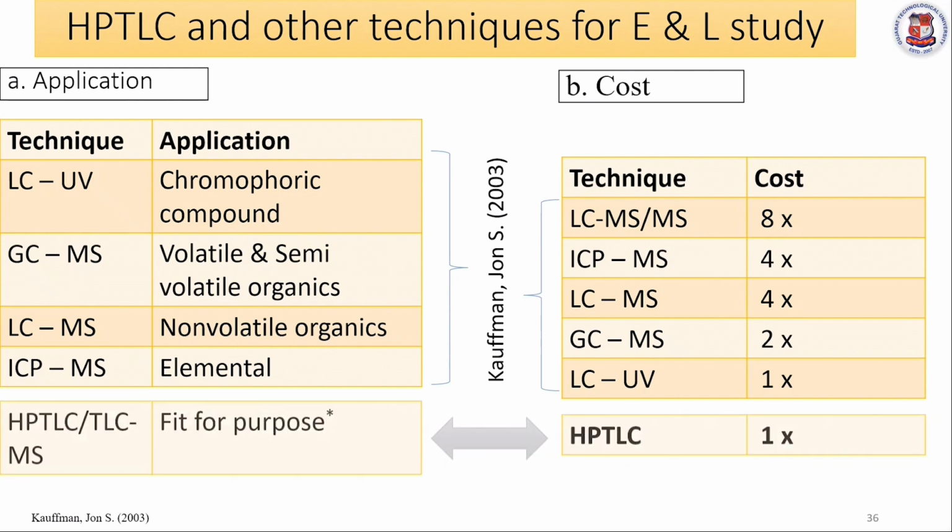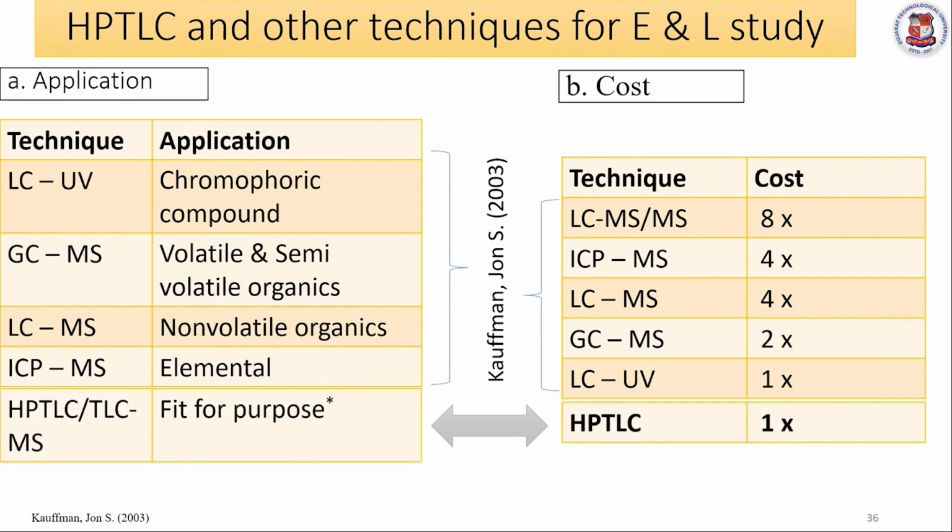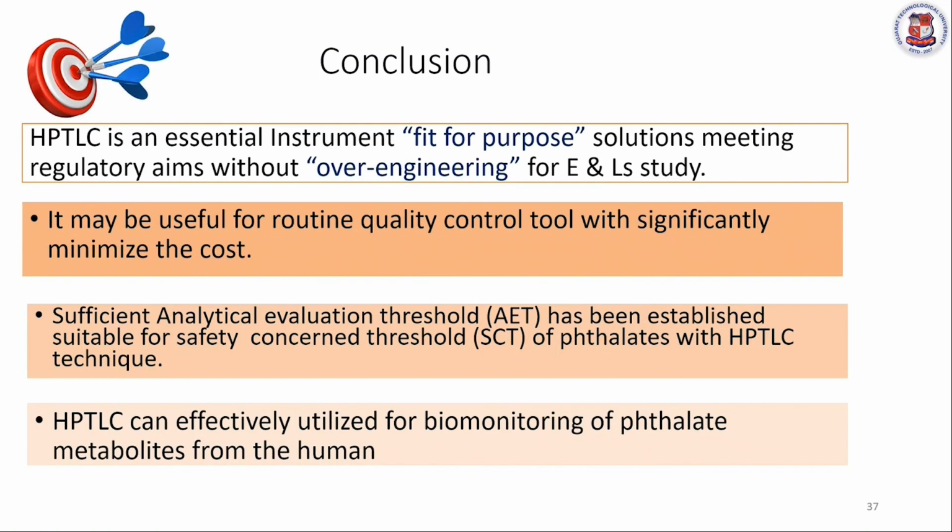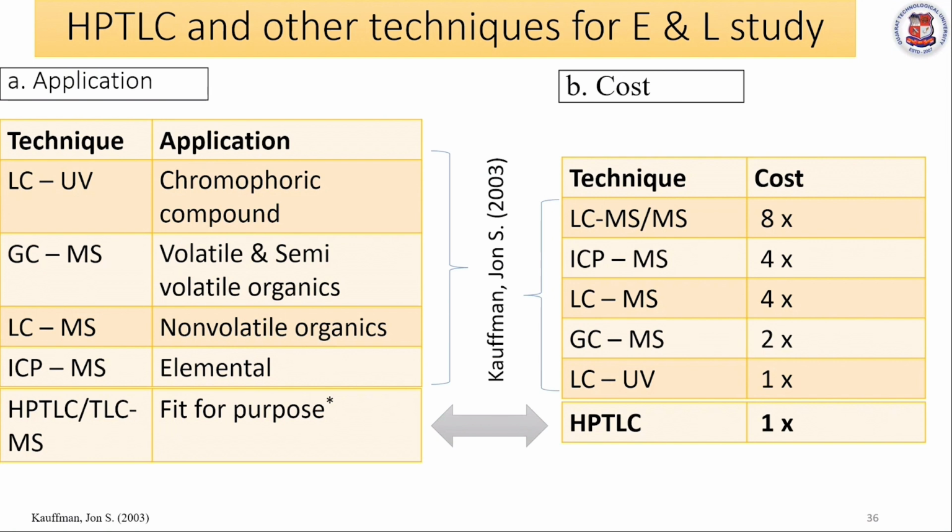And with respect to cost, LCMS costs approximately 80 times more than HPTLC. So I can conclude that HPTLC is more fit for purpose because it now has an option for TLC-MS also. So we can further confirm with the mass and conclude the study.